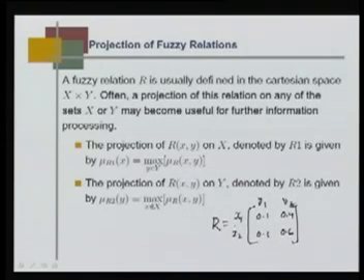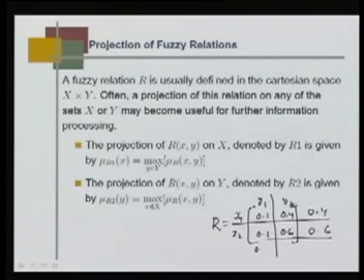So, projection means, for x projection I find out what is the maximum over all y. In this case the maximum is 0.4, and for x 2 the maximum is 0.6. Similarly, if I make projection of R x y on y, over x what is the maximum?